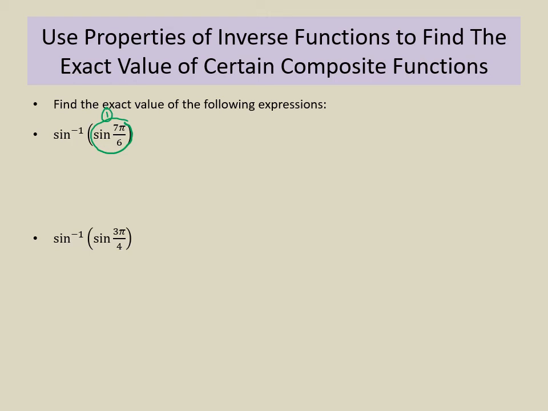And obviously, in order for you to figure that out, I want you to start by drawing the angle 7 pi over 6. So figure out what that angle is. And then whatever that value is, sine of 7 pi over 6, you're going to write it here. And then your step number 2 is going to be evaluate the inverse sine of that value that you get. So please pause the video, do this on your own, and then play the video again when you're finished doing so.